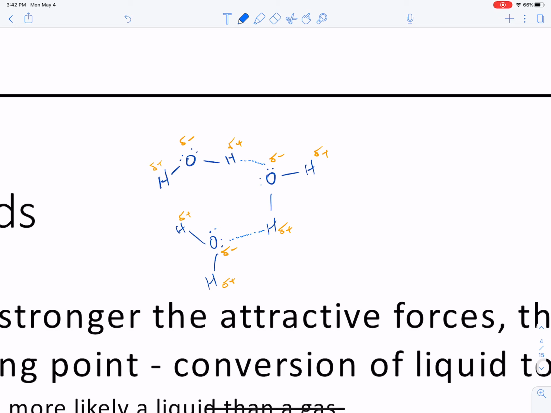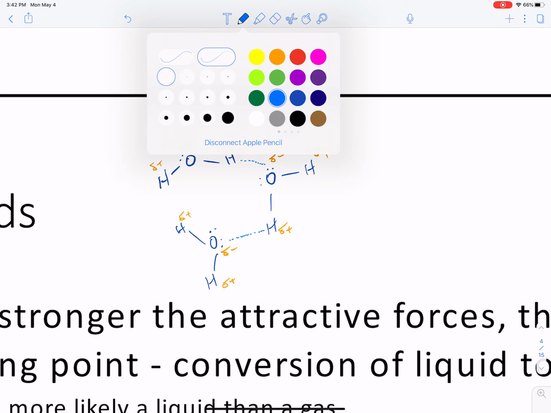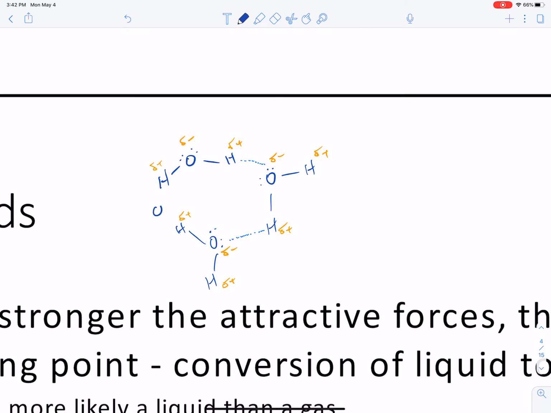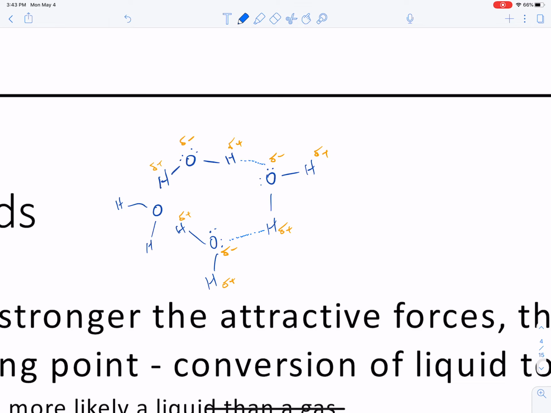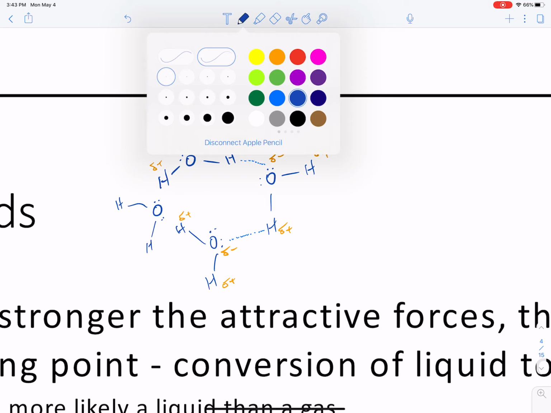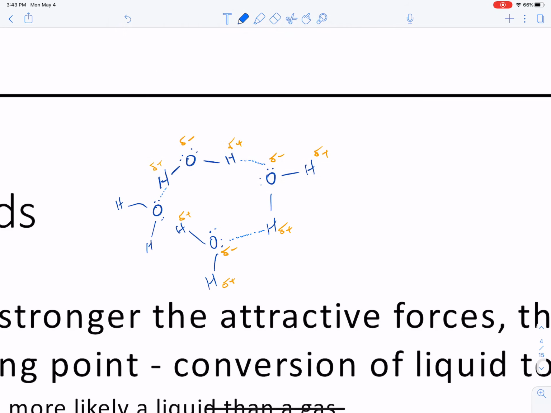But what happens when you have a couple of positives that get kind of close to one another? Well, something I didn't show. I have an oxygen that can pop in there. And this oxygen, having the lone pairs that it's got and the negative charge that it's got, can kind of do this and bind there.